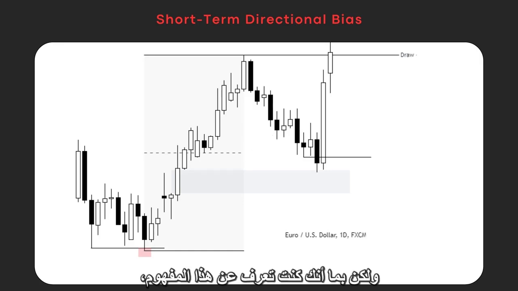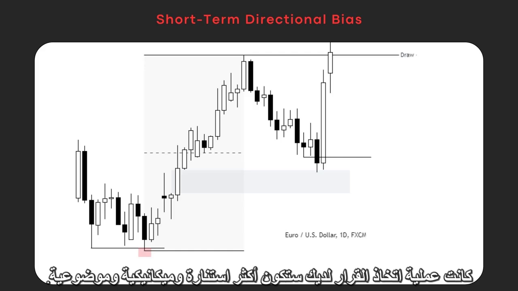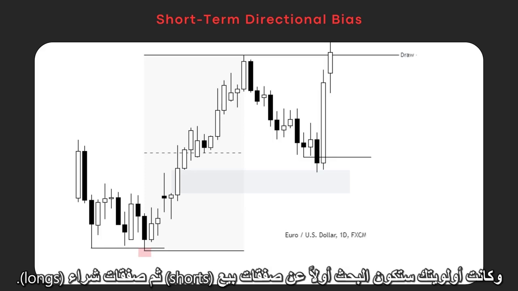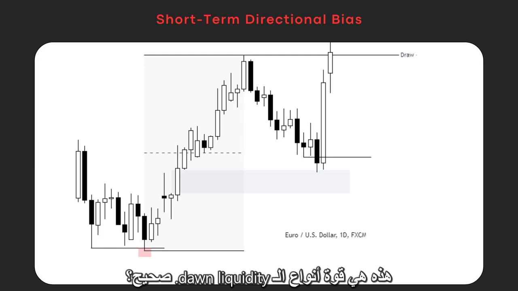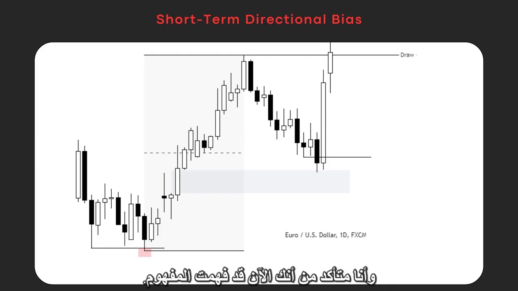But since you knew about this concept, your decision making process would have been much more informed, mechanical, and objective, and your priority would have been to first look for shorts and then longs, right? This is the power of the types of drawn liquidity, right? And I'm sure by now you would have understood the concept.